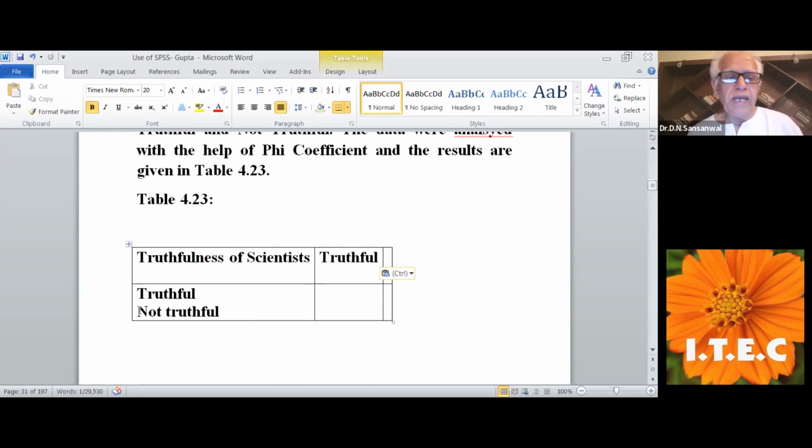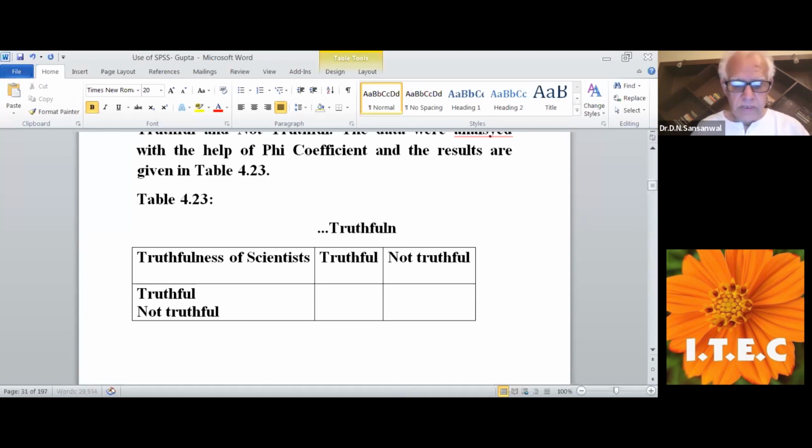Truthful, and it is not truthful. So this is truthfulness of politician.